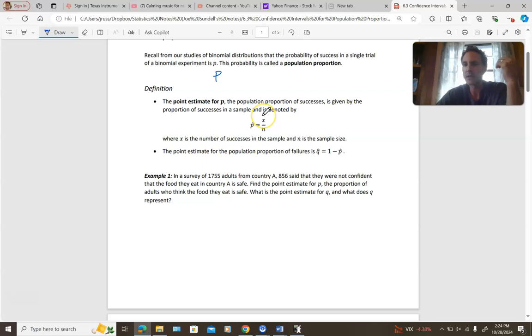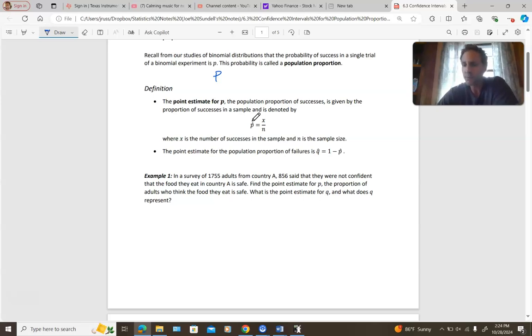So we could take a presidential poll, and X could represent the number of individuals from that poll that favor X candidate, and then we would divide that by the size of the actual poll. Typically those polls are around 1,000. And then we would get this point estimate, and we call it p hat.